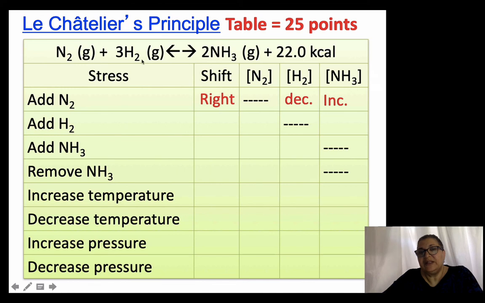NH3 will increase, nitrogen and hydrogen will decrease. Let's see. Decreasing the pressure is going to go to the side with more, so it's going to shift to the left, and the tip of the arrow, so hydrogen and nitrogen will increase, NH3 will decrease.